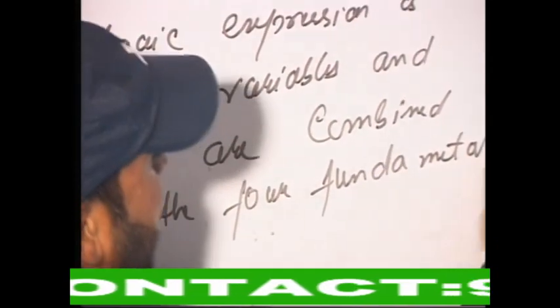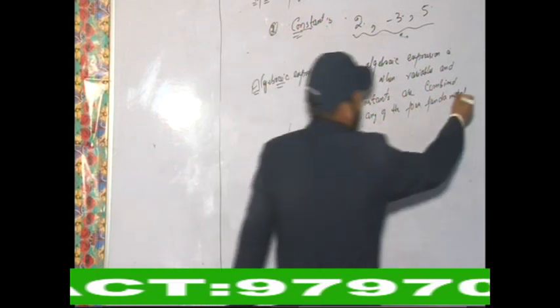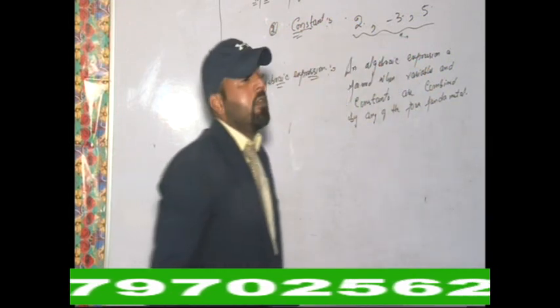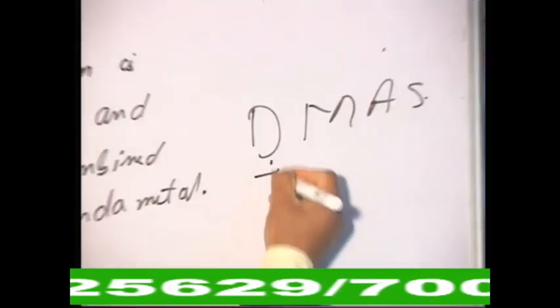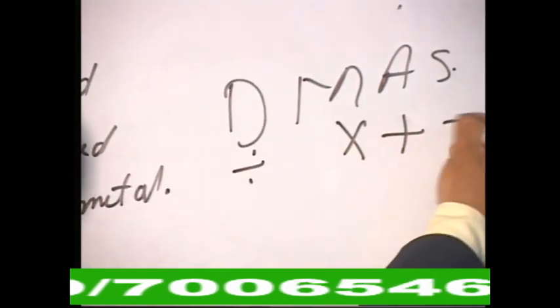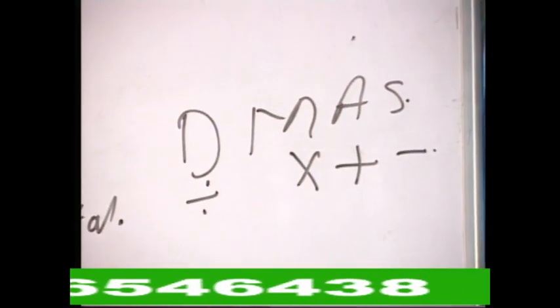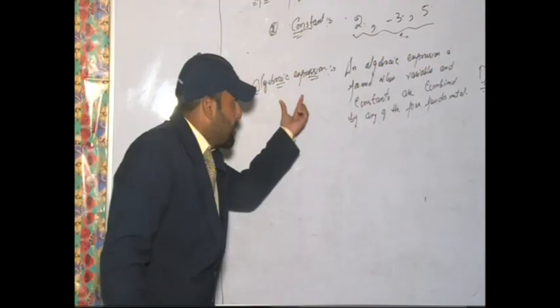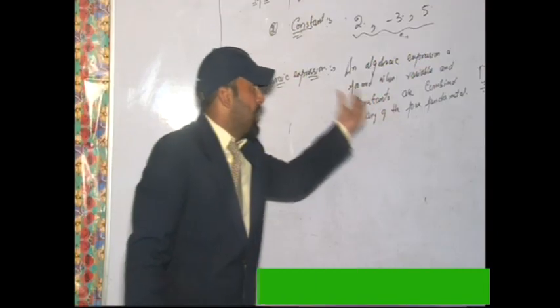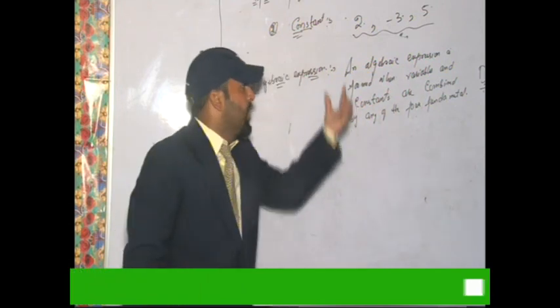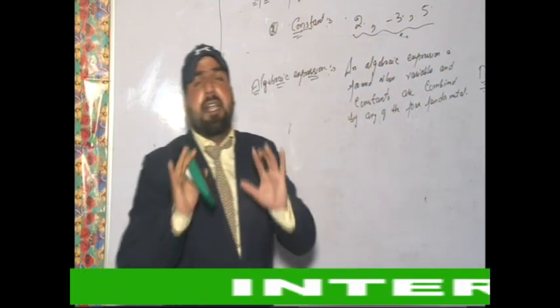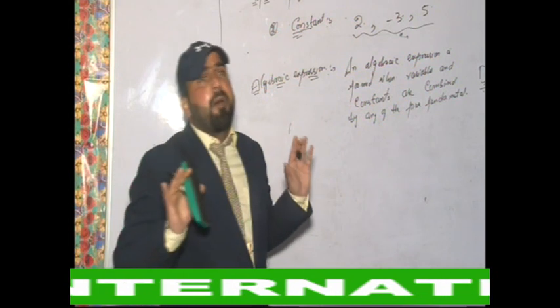Already, dear students, you know we have four fundamental operations, that is DMAS: division, multiplication, addition and subtraction. The definition of an algebraic expression is: an algebraic expression is formed when variables and constants are combined by any of the four fundamental operations.